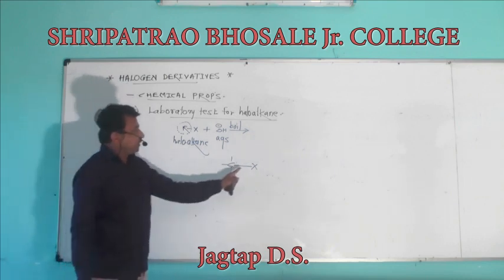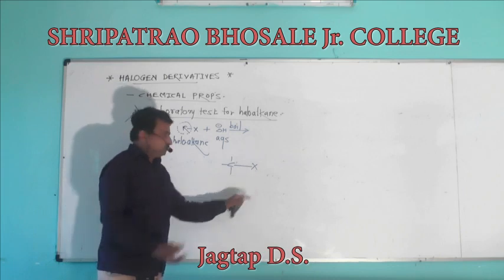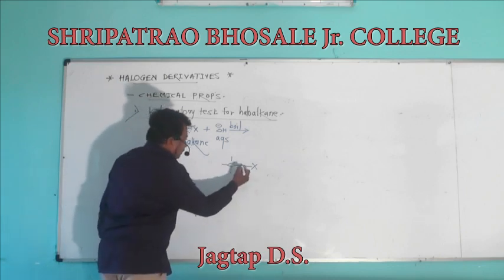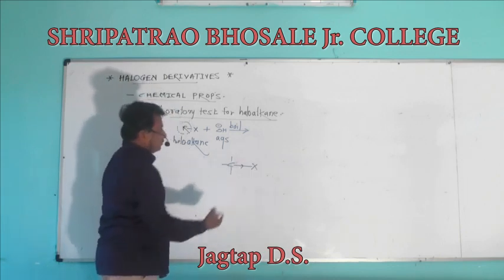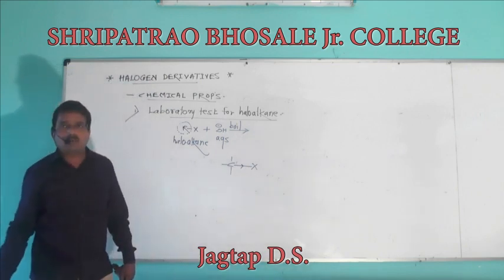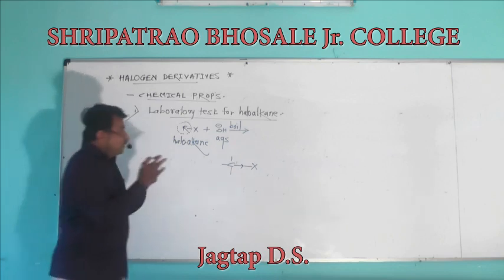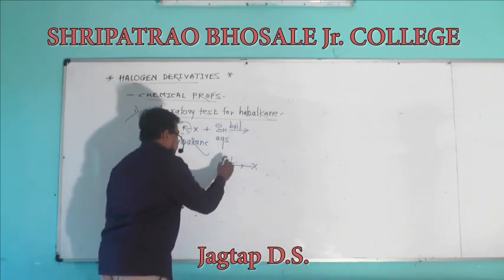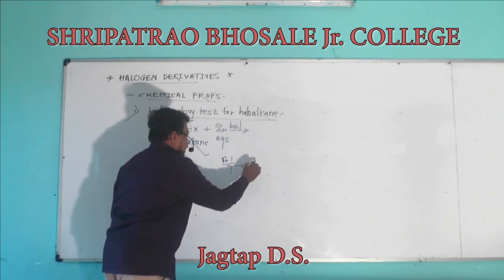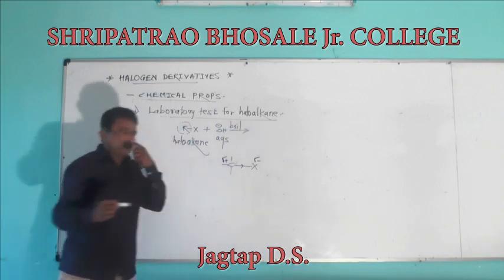Due to the greater electronegativity of the halogen atom, both the electrons in the C-X bond are pulled towards the electronegative halogen atom. As a result, carbon carries a partial positive charge and halogen carries a partial negative charge.